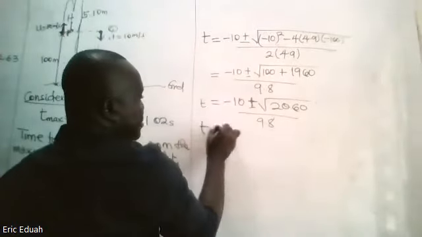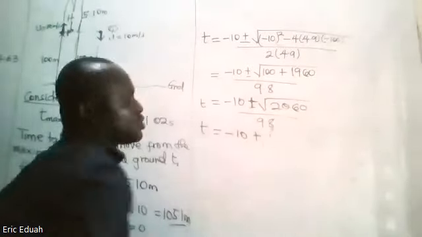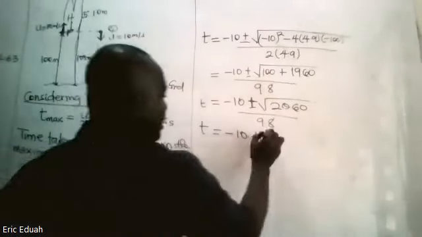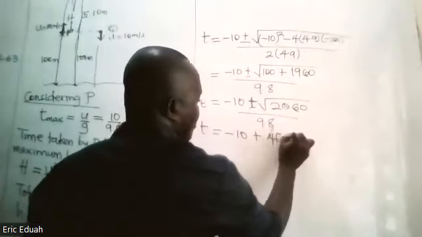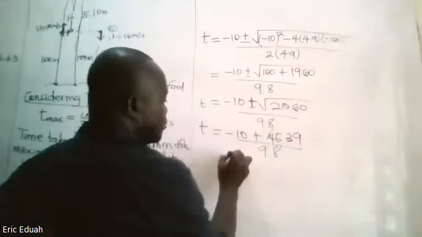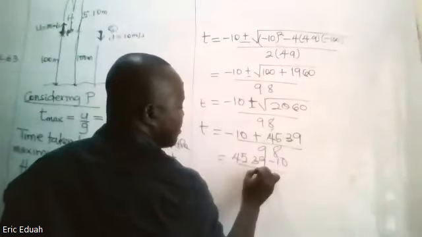So we have t is equal to minus 10 plus, what is the square root of 2060? It is 45.39. Therefore, T would be equal to 45.39 minus 10, divided by 9.8.